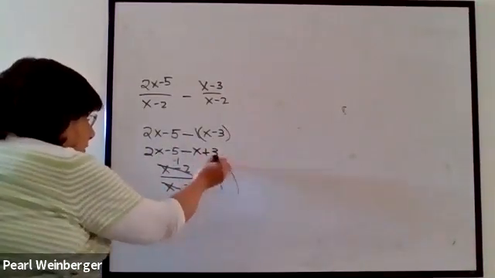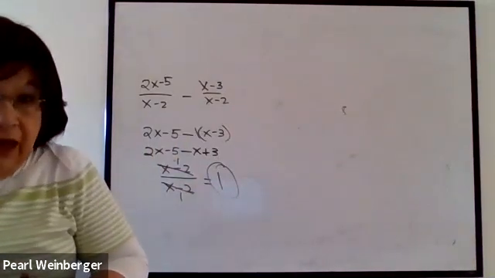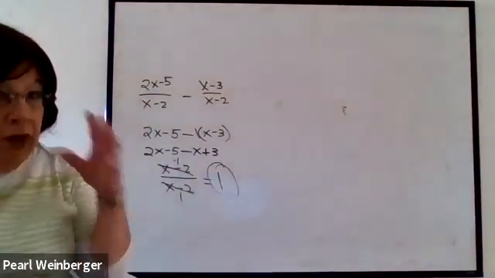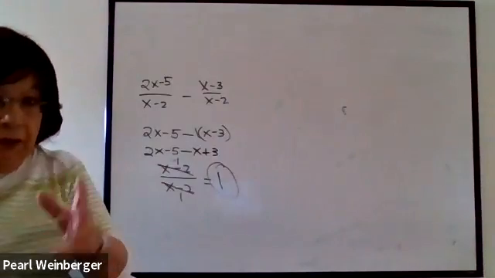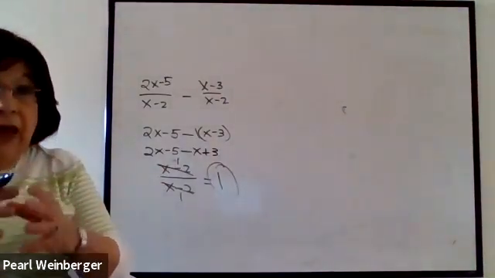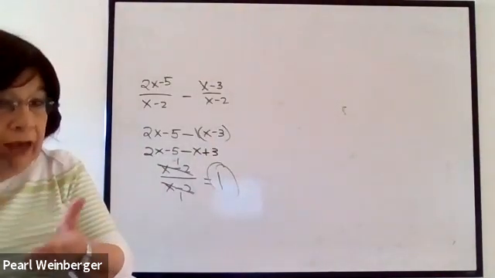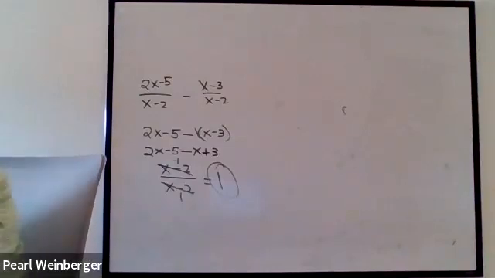Your final answer is 1. So when you have the same denominator in both fractions, you just work with the numerators. You either add them or subtract them, depending on what the operation is. And after you've combined all the like terms, then you go ahead and put it over the common denominator and see if you could simplify the fraction.